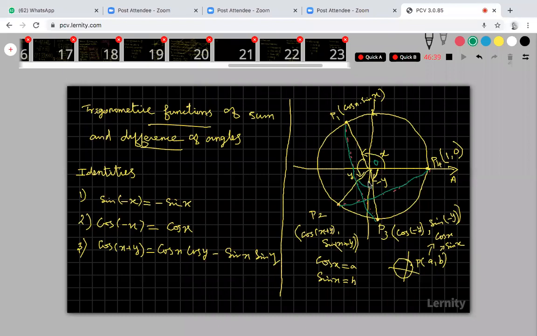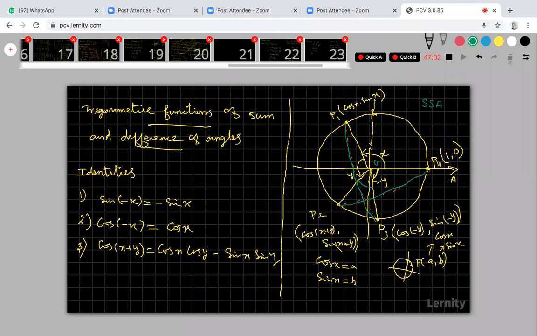So two sides are equal and one angle is also equal, so by the SSA property these two triangles, OP1 P3 and OP2 P4, are congruent.